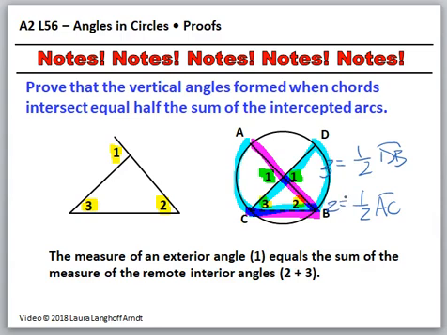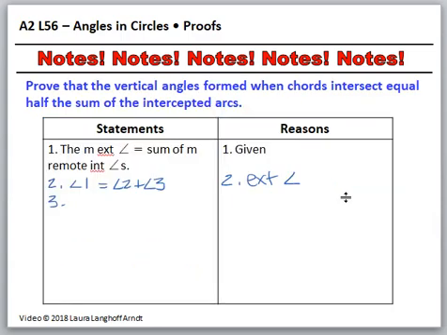So if I write that down, I could say, if we know that angle 2 is the same as, I'm going to write down every step for you. It's not going to be the same as in the book though, so be prepared. So angle 2 is 1/2, what did I say that was? Angle 2, AC.